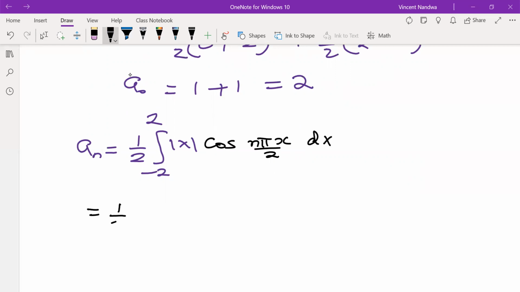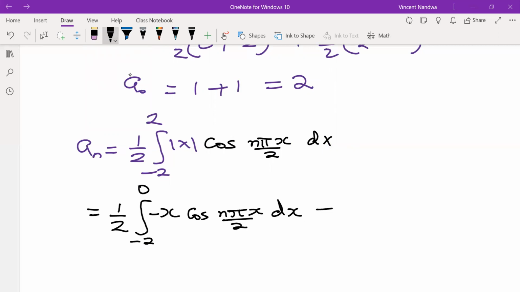So this will be a half integral from minus 2 to 0 of minus x cosine of n pi x over 2 dx, plus a half into, now from 0 to 2, the function is x, cosine of n pi x over 2 dx.